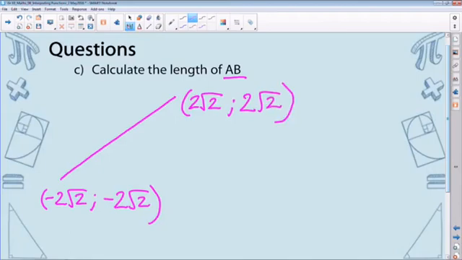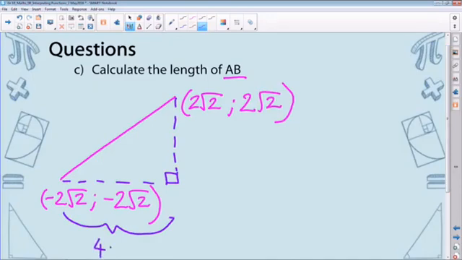Now I'm going to use Pythagoras to calculate the distance over here. I'm drawing in a right angle triangle, and I'm saying that this distance over here is equal to 4 square root 2. And this distance over here is also equal to 4 square root 2.